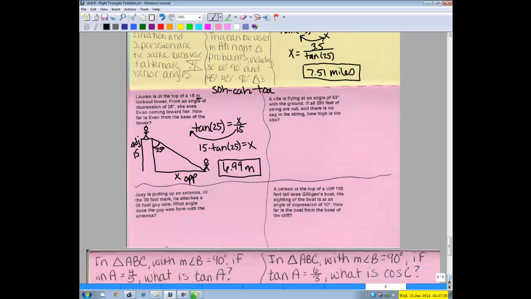A kite is flying at an angle of 63 degrees with the ground. If all 250 feet of the string are out and there is no sag in the string, how high is the kite? So we have a kite. And it's flying. And you're on the ground with the kite. And here's the ground.